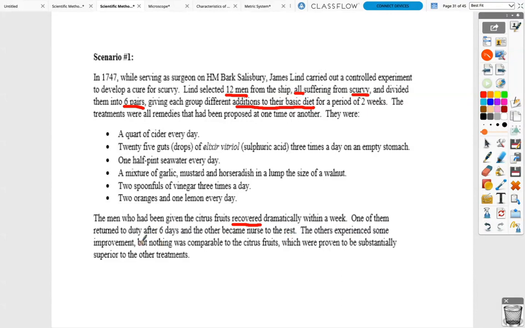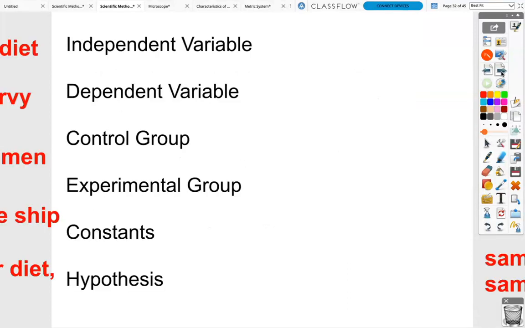The others experienced some improvement, but nothing was comparable to the citrus fruits. Well, we now know that scurvy is actually caused by a lack of vitamin C. We also know that citrus fruits are very high in vitamin C, so that proved to be a cure for their scurvy. So on your page, you have all of these things that you need to answer.